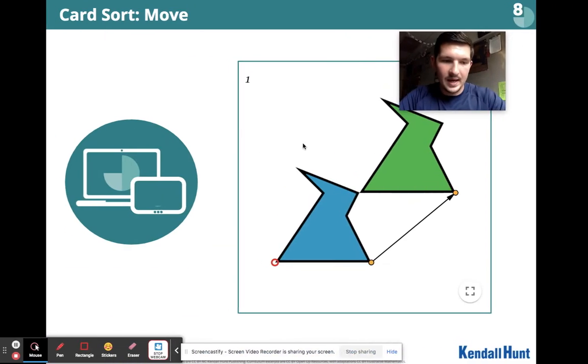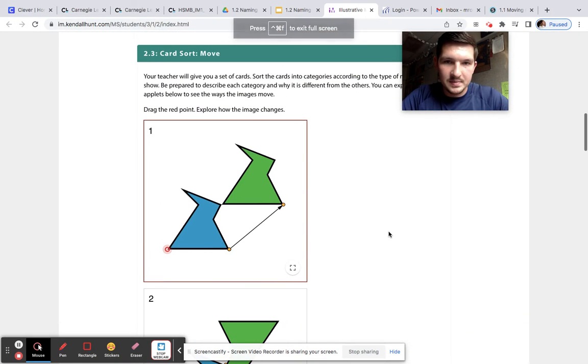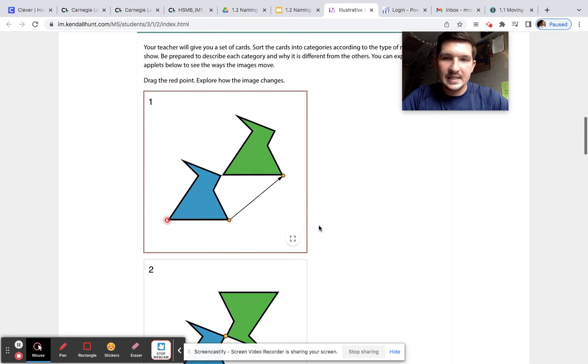So now that we have this process, let's dive into our specific vocab words. Number one shows us what it looks like to do a translation. A translation is when your vertices, these points on our shape, slide. They don't flip, they don't turn, they don't change anything, but simply slide.